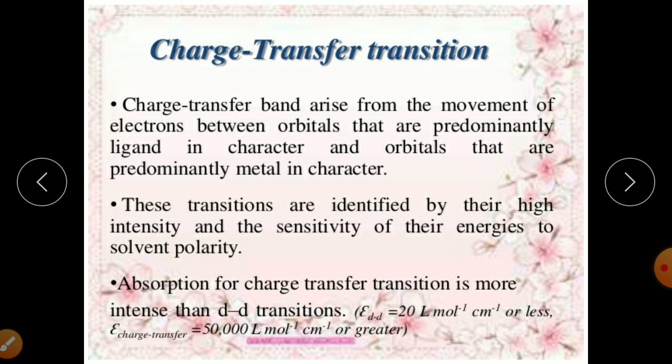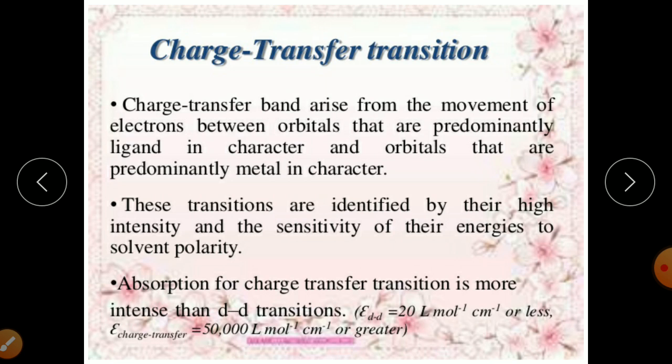Means the transfer of electron from ligand to the metal, or electron moves from metal to ligand. That is called charge transfer spectra. Means the electron transition between metal to ligand or ligand to ligand or other types.